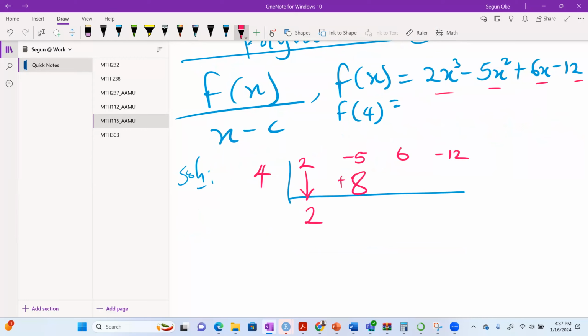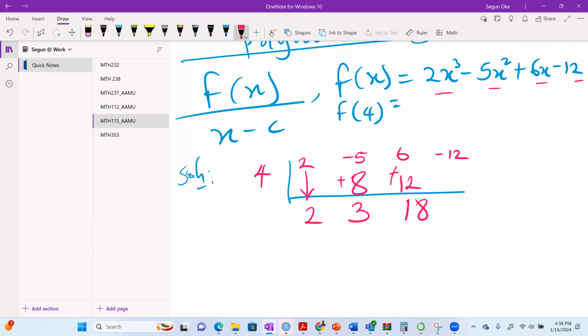You have 3. Now this 3 multiplied by 4 again, you have 12. Then add the two together again: 12 plus 6, you have 18.